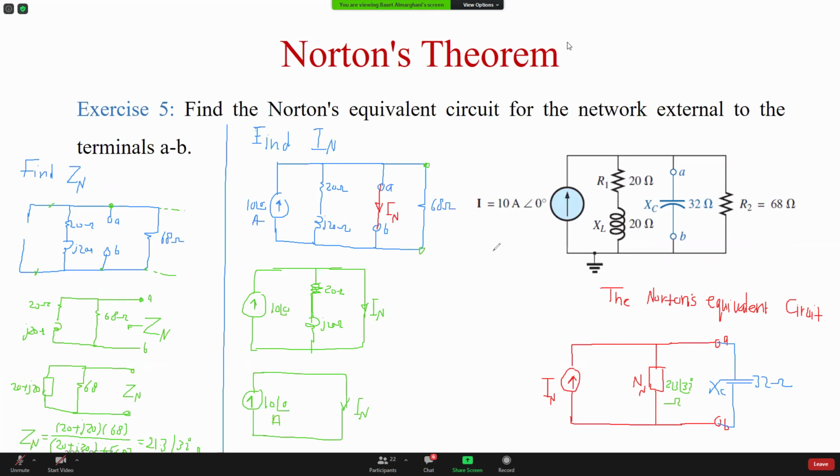So from here, IN basically is just 10 angle 0 ampere. So this is 10 angle 0 ampere. Any branch that is shorted is basically removed from the analysis.